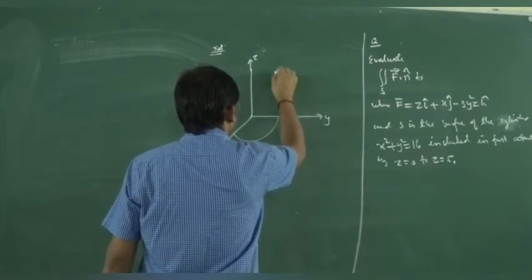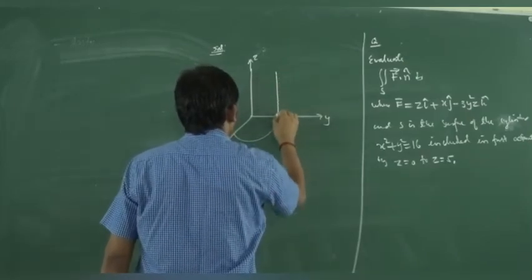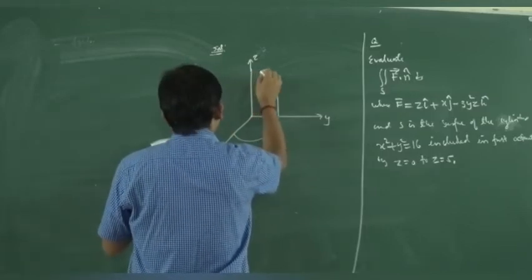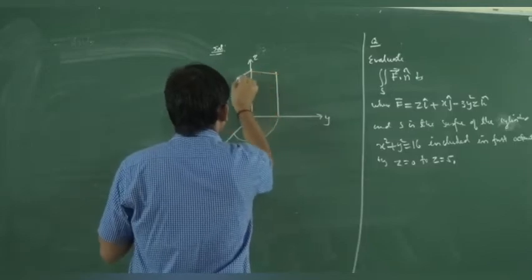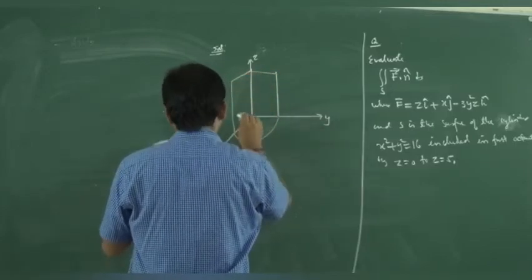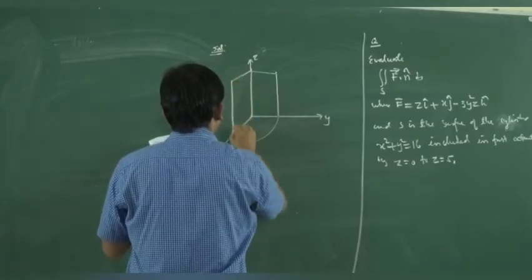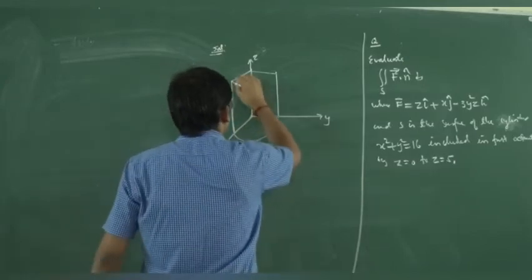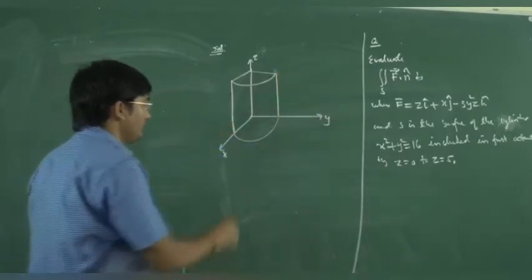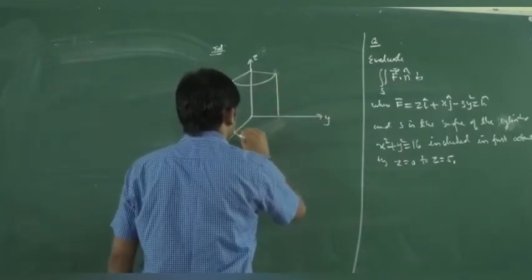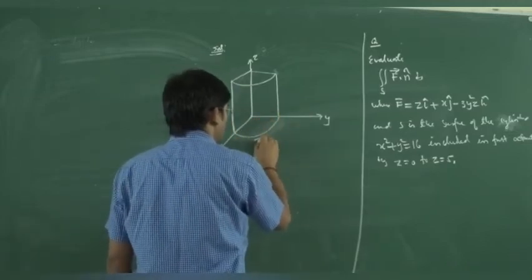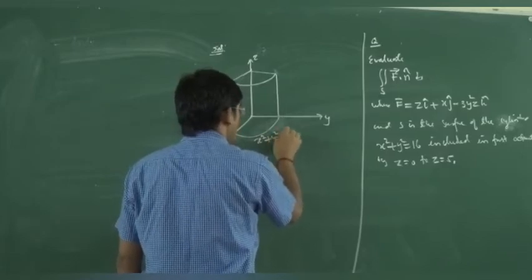Again we have this plane. Now your required region will be, here you can see that this is x squared plus y squared equal to 16.